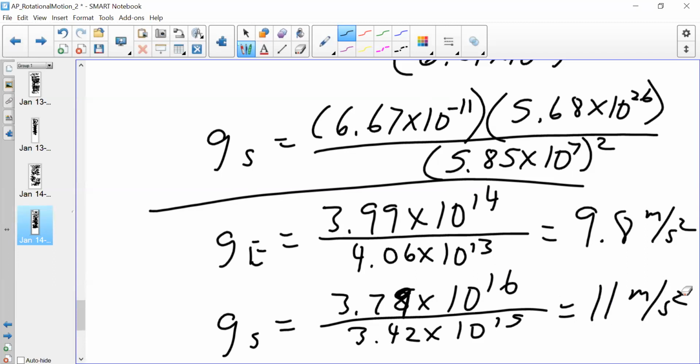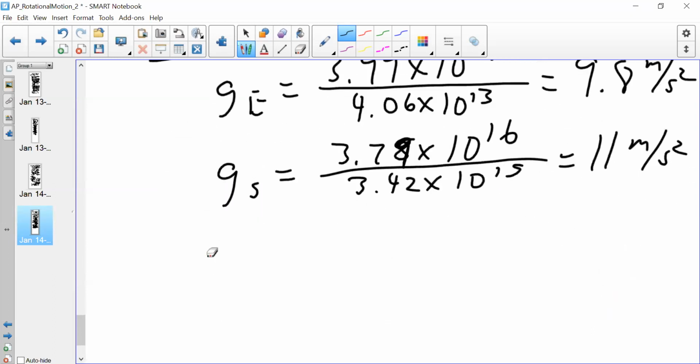I was expecting something more dramatic than that, but it's definitely going to be more. Supposing calculations, we do that again, but allegedly on Saturn, 11 meters per second squared, Earth 9.8. So you can use this relationship to get gravity on any surface, any planet, asteroid, comet, wherever.